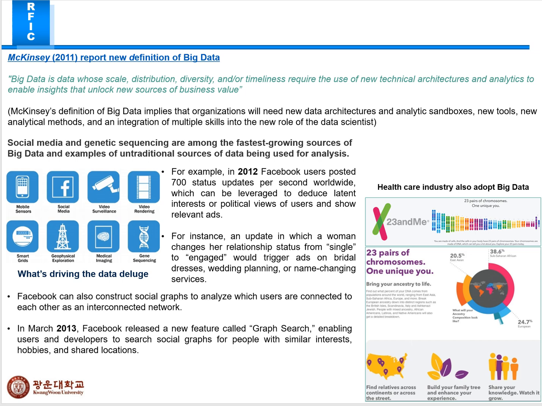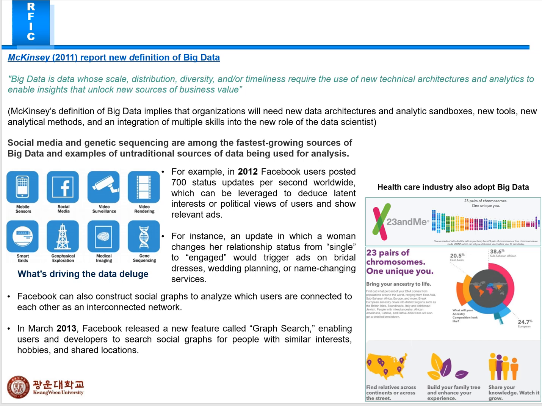Examples of nontraditional sources of big data being used for analysis: in 2012, Facebook users posted 700 status updates per second worldwide, which can be leveraged to deduce the latent interests and political views of users and show relevant ads, like Google AdSense.